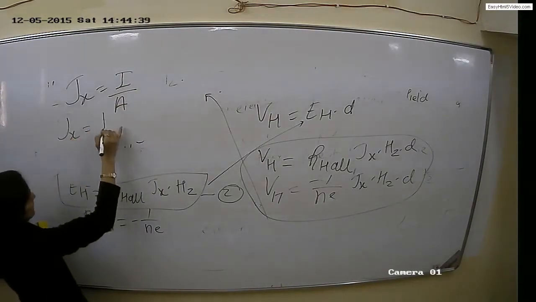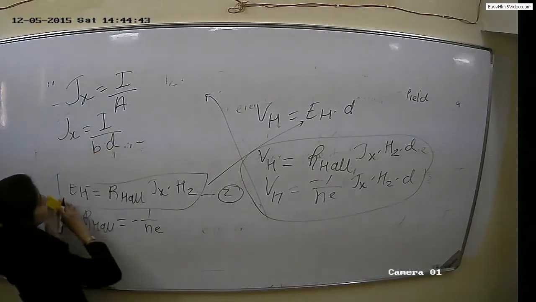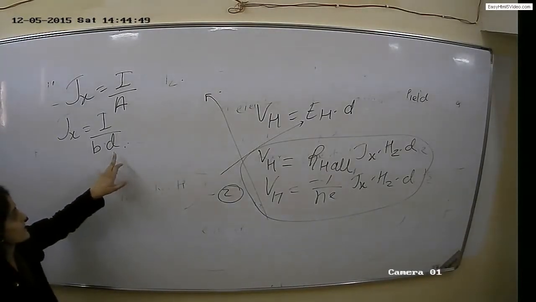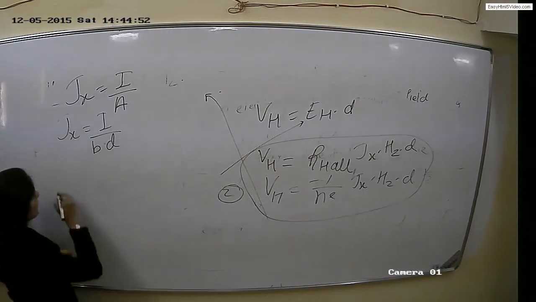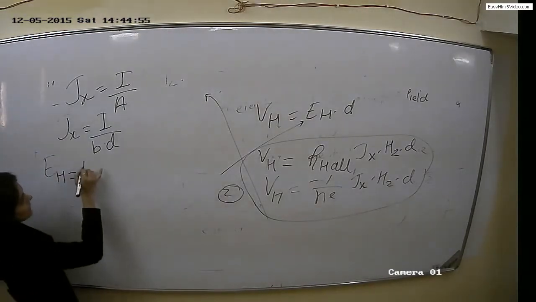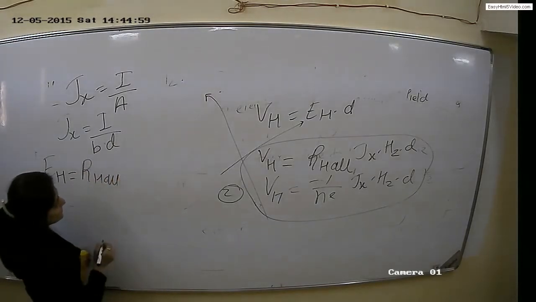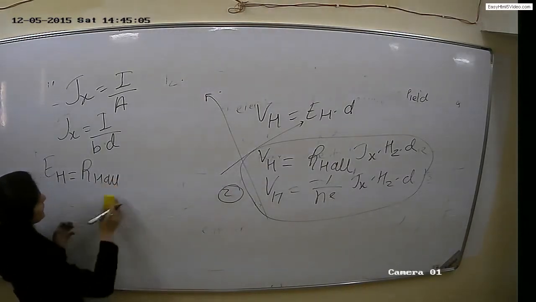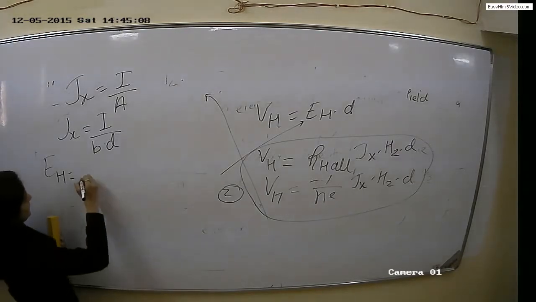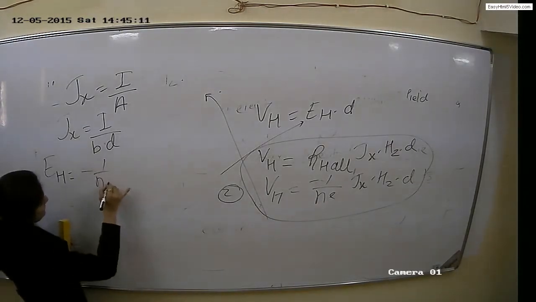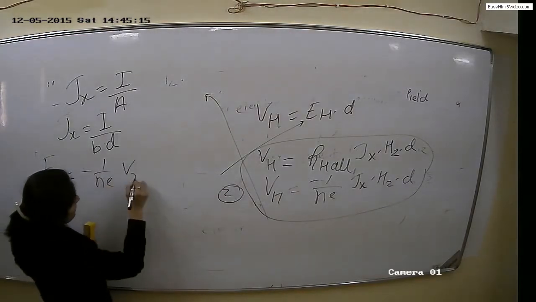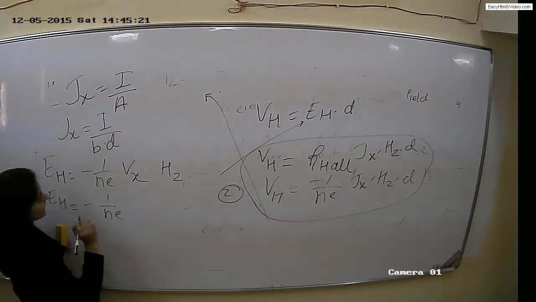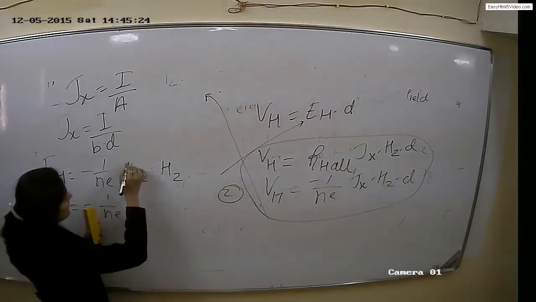That is, current density can be written as I upon B into D, where B is the width of the rod and D is the thickness of the rod, and we have already derived the relation EH is equal to R Hall, so we can write it as minus 1 upon NE, it is Jx.